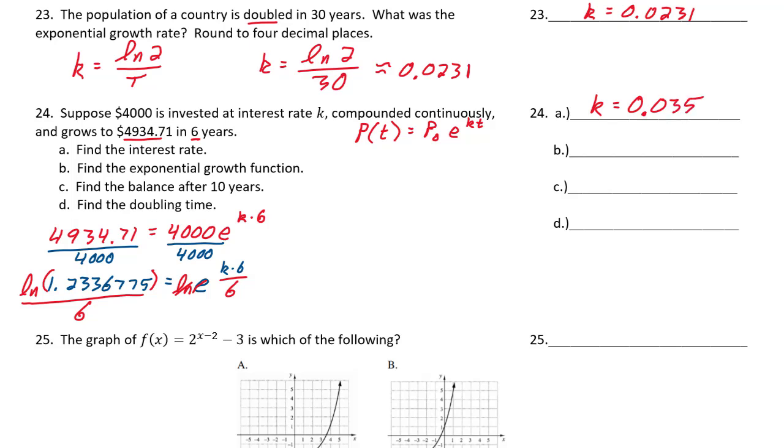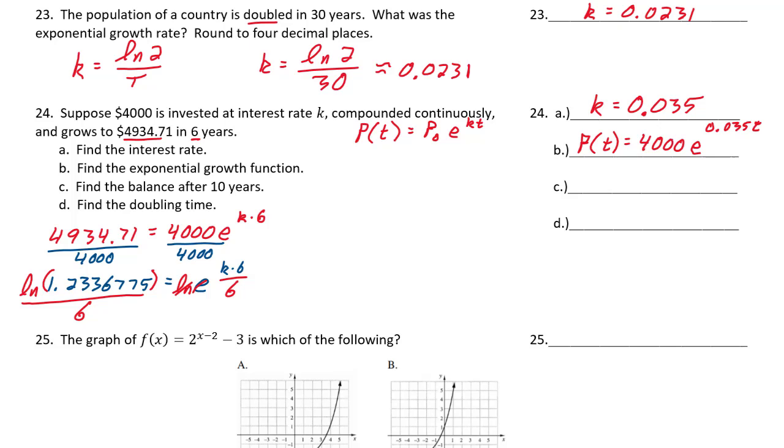So now that I have my interest rate, I should be able to come up with my growth function just by plugging in the parts that I know. So this would be the P of t is equal to the initial investment, so that's still 4,000. That's always going to be 4,000 for this problem, times e to the k I just found, 0.035, and t because I'm writing a function of t.